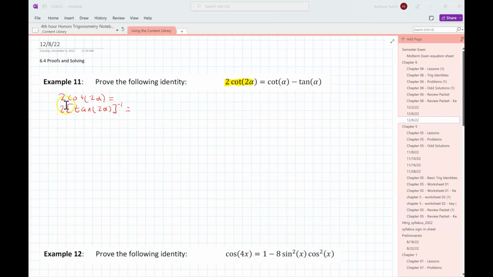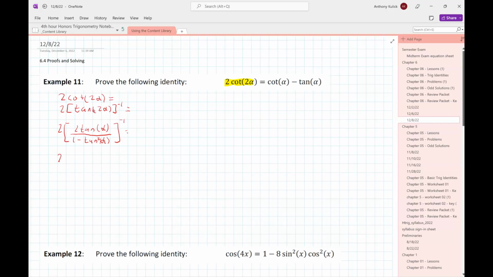Okay. And now I'm going to use my double angle formula for tangent. So I'm going to replace tangent of 2 alpha with 2 tan alpha over 1 minus tan squared alpha, and I still have that to the -1.